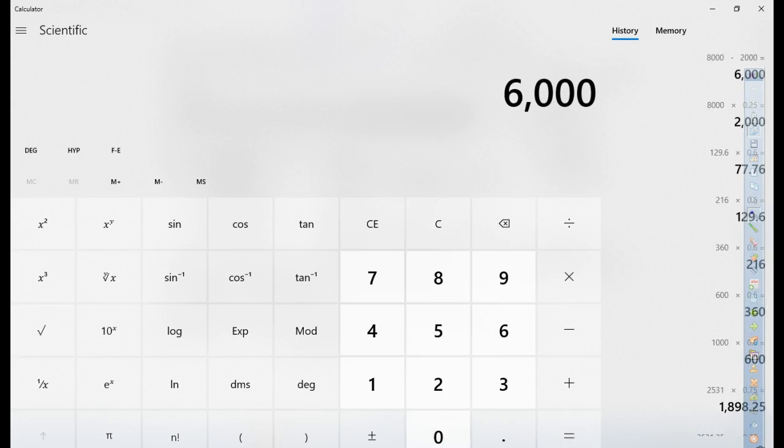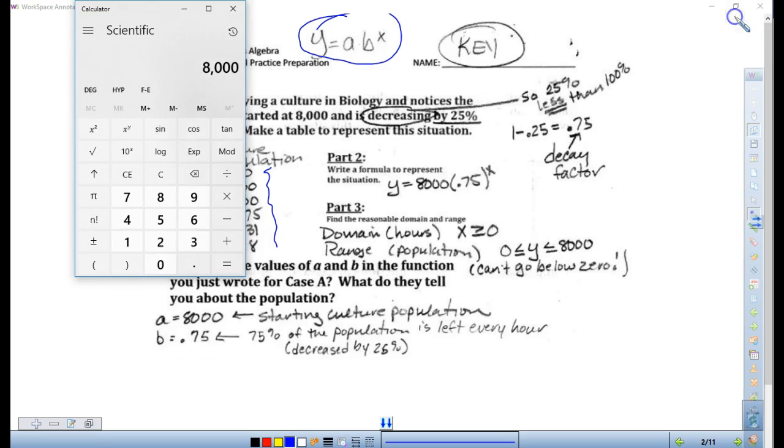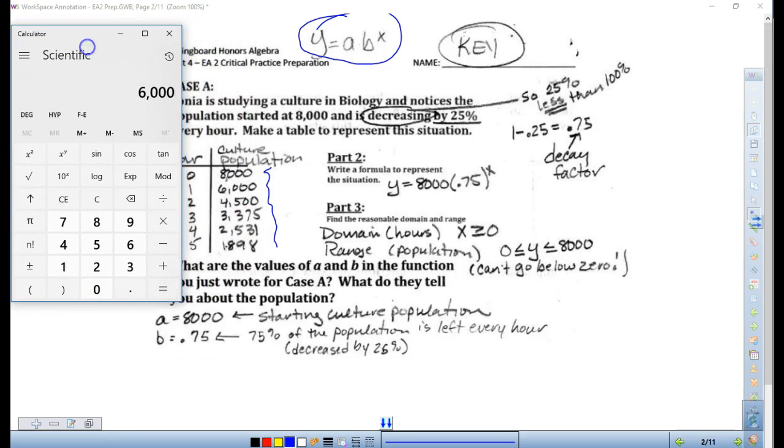The other way to look at that is if I take 6,000 and divide by the term before it, that's the decay factor. So every time I could take my amount, multiply it by 0.75, and that'll get me what's left, 6,000. And if I hit equals, I'll get the next one. And then 0.75 times that would be this one, and 0.75 times that would be this one.